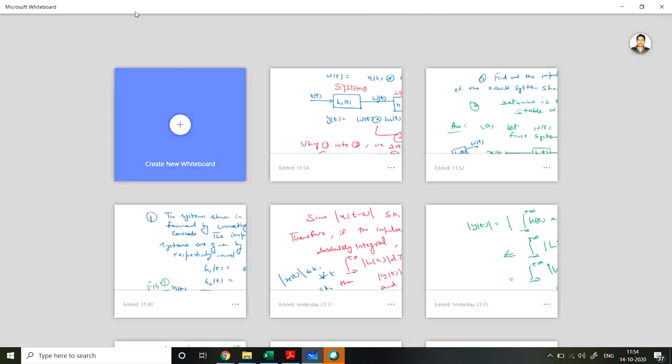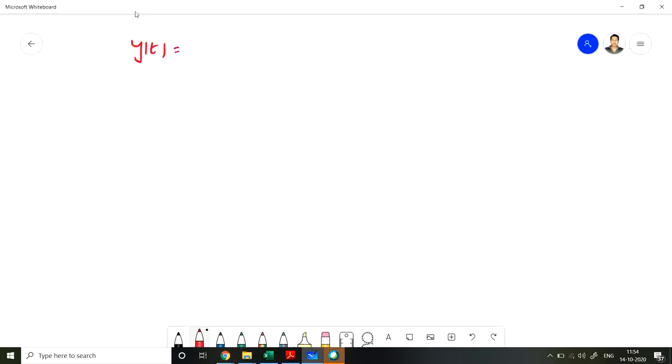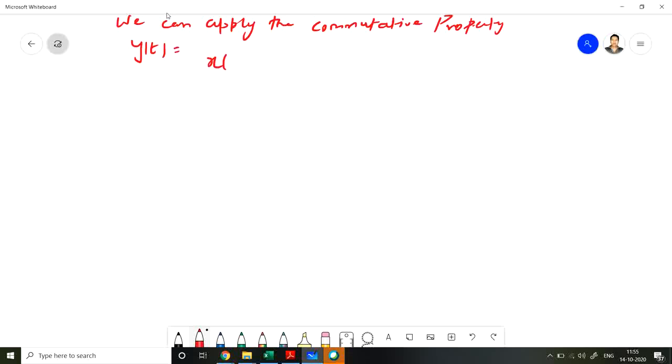So what are we finally getting? y(t) is equal to, so we can apply the commutative property, and this y(t) is written as x(t) convolution with h1(t) convolution with h2(t).